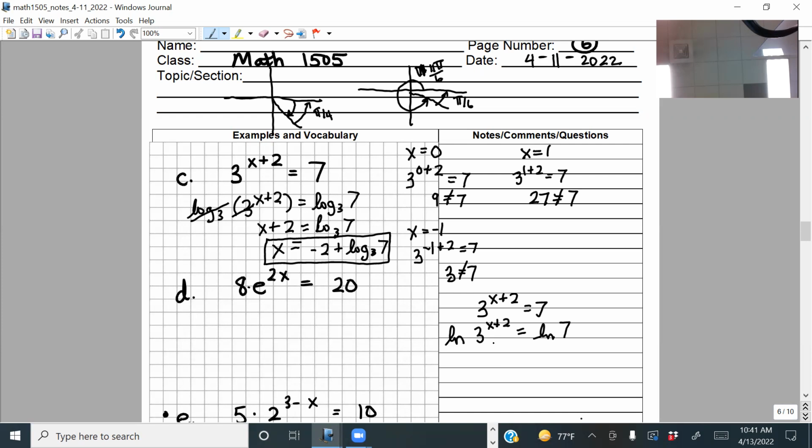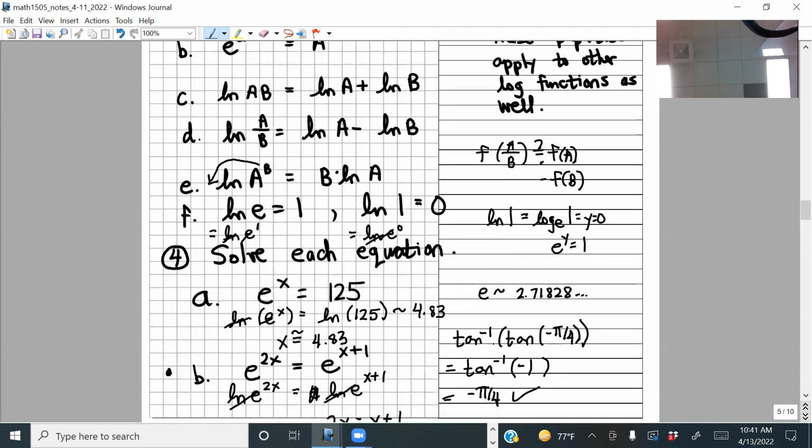Which is not the same as e. So we appear to have hit a block here, right? Okay, a barrier here, but we haven't because we need to remember our very useful property here. That property says if you're computing natural log, actually any log obeys this property, but in particular natural log of a power, what can you do with the exponent?